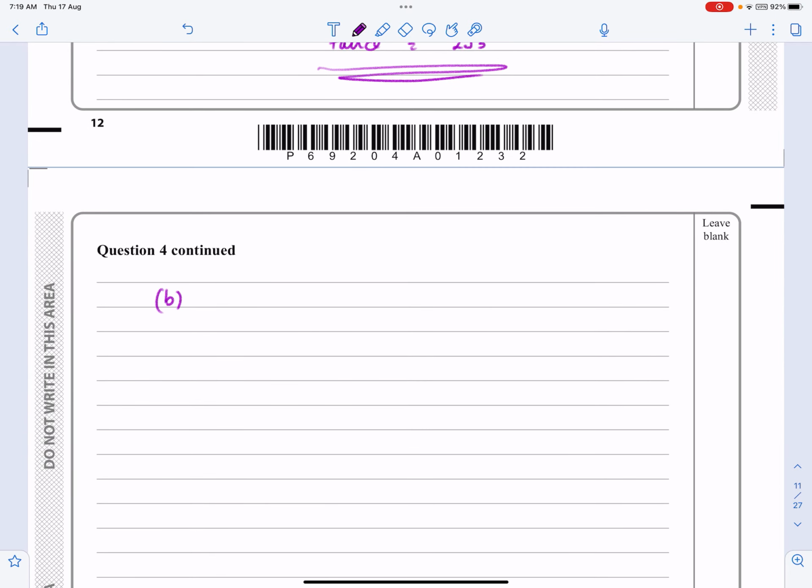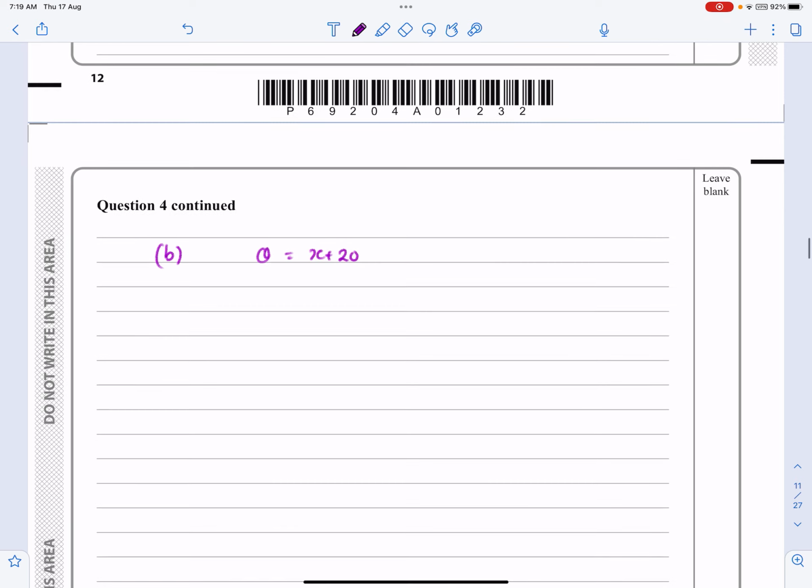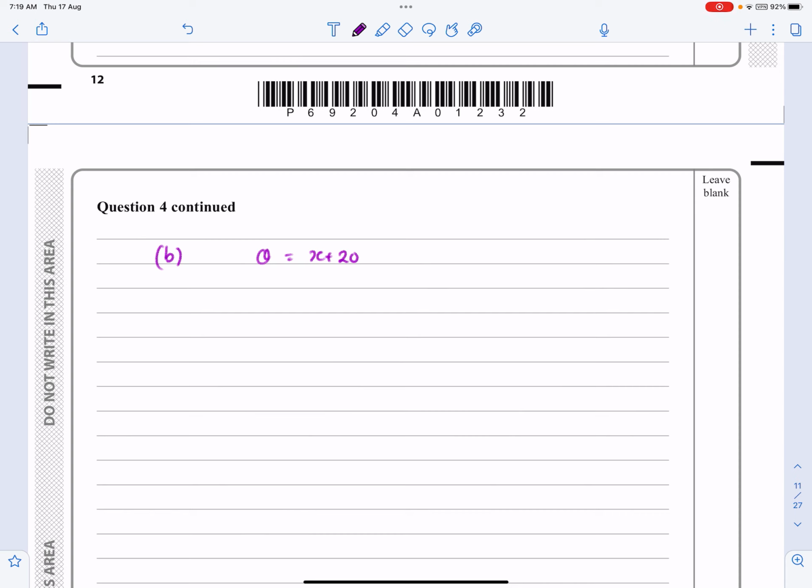So let's say that theta is equal to x plus 20. Then where I've got 2 sine (x minus 10) equals 5 cos (x plus 20), that is actually the same as 2 sine (theta minus 30) equaling 5 cos theta.